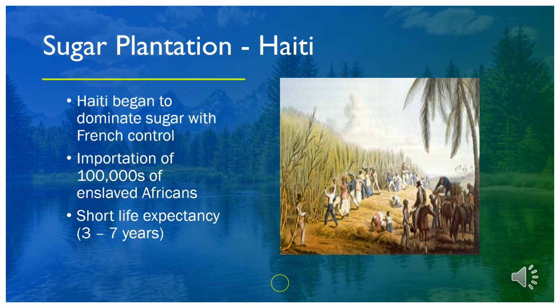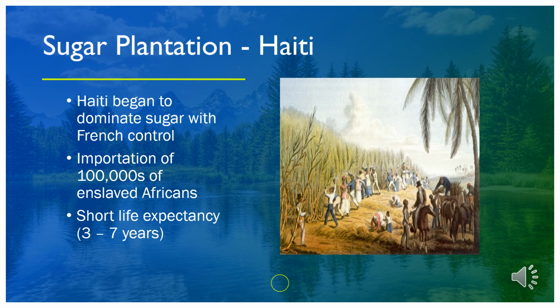In fact, there was an extremely short life expectancy of individuals who left ships and made their way to these sugar plantations, which was roughly 3 to 7 years. These numbers come from calculations that other historians have done looking through plantation records and through church records connected with these plantations.